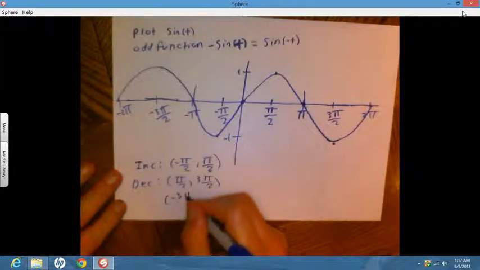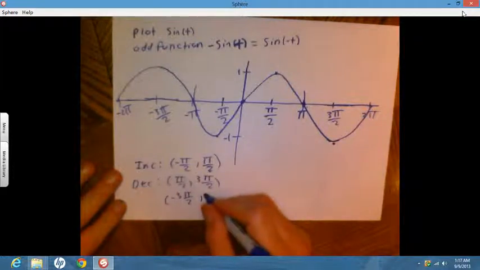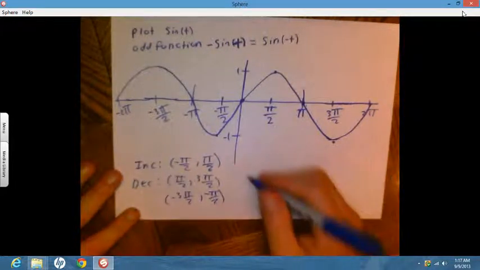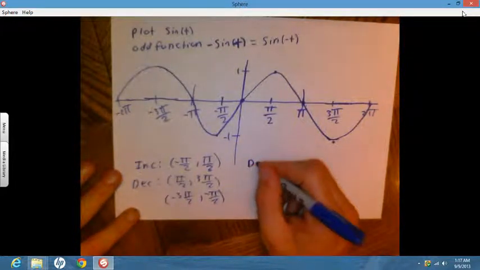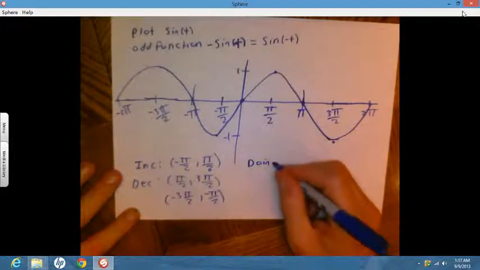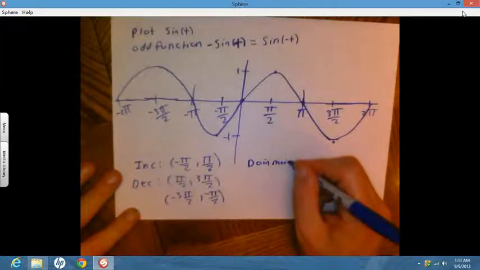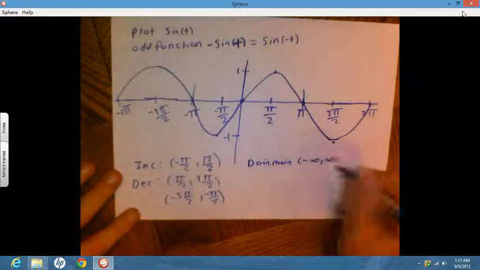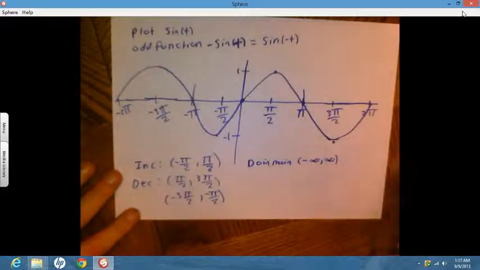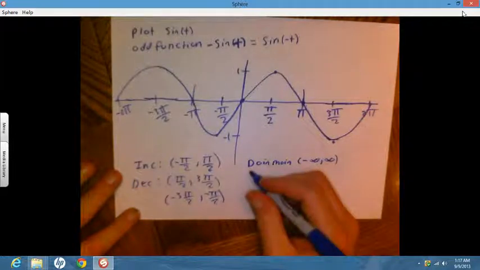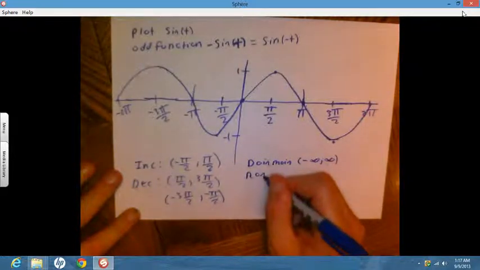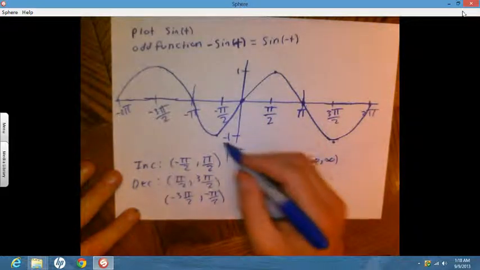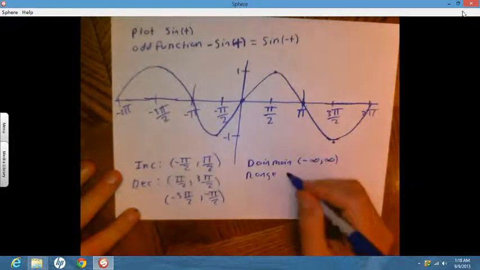Okay? The domain for this function is going to be all real numbers, negative infinity to infinity. The range, well, my biggest value is 1, my smallest value is negative 1, and you can see it hits all values in between. So the range of this function is going to be negative 1 to 1, all those values in between.